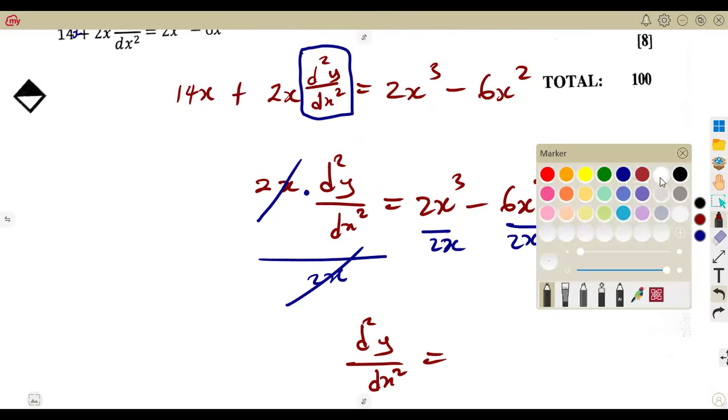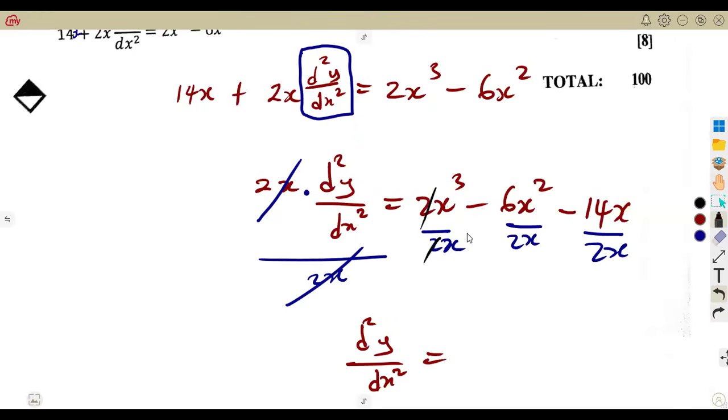On this part, the 2 and 2 cancel, x into this gives x squared. The 6 over 2 is going to be minus 3, x into x squared, which was going to be x. Then on this one, x and x cancel, and this was going to be a minus 7.